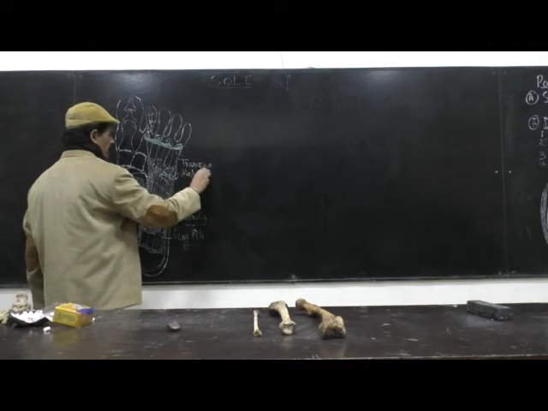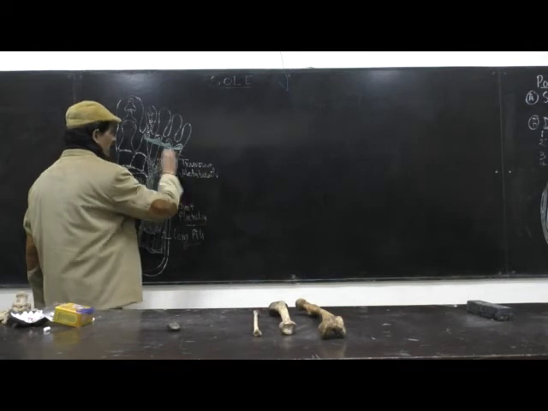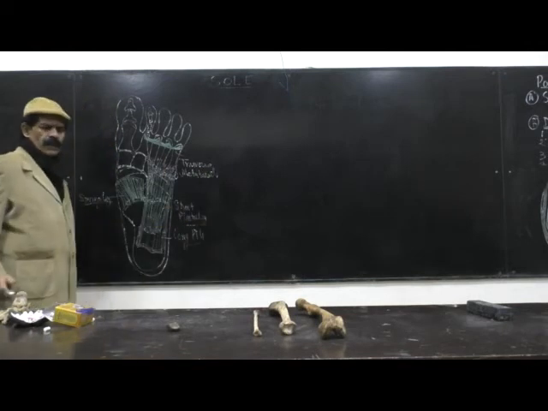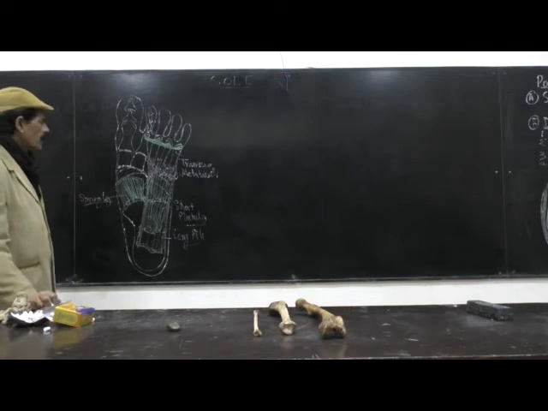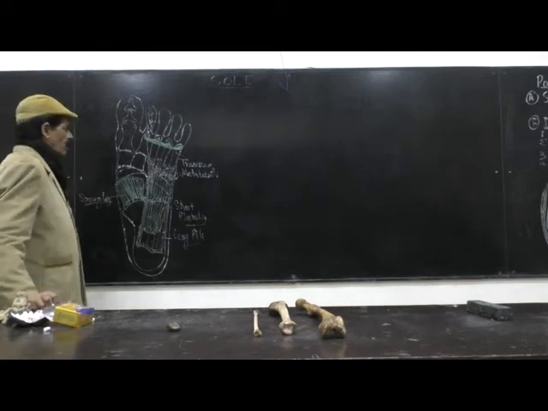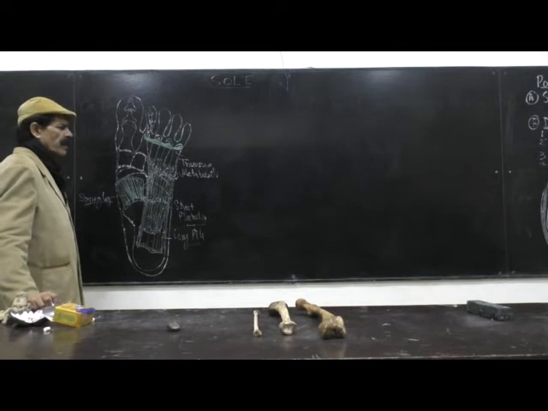This ligament maintains the transverse arch of the foot. So this is how the ligaments are present over the plantar surface of the various tarsal bones. So they are also very helpful.